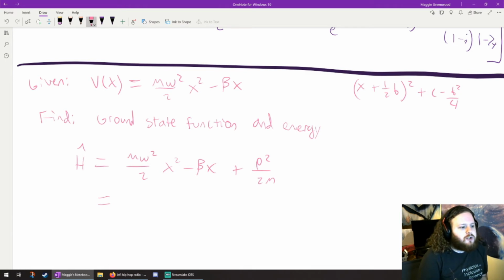So my squared term is of the form alpha x squared plus beta x. It's of the form a x squared plus b x plus some constant. And so what I really need is b over a and c over a.